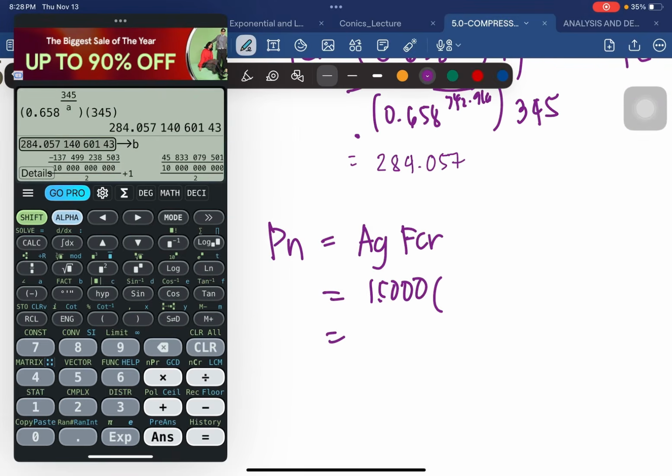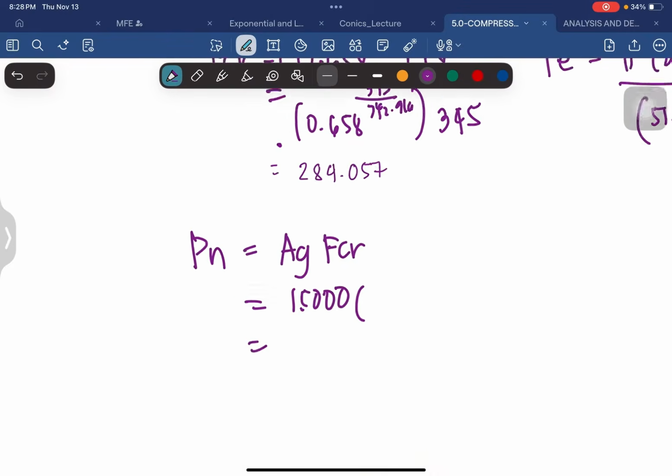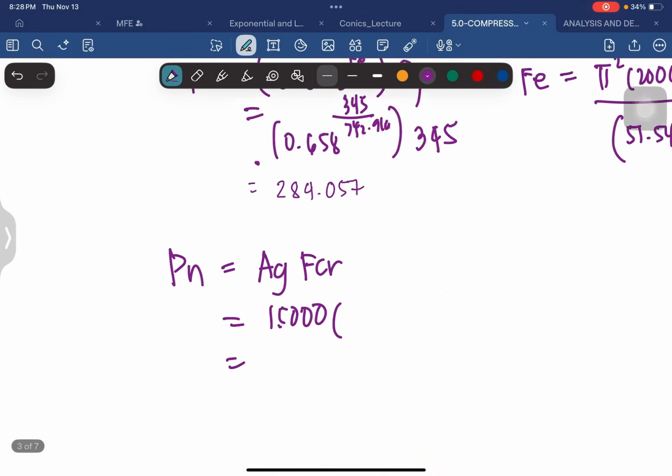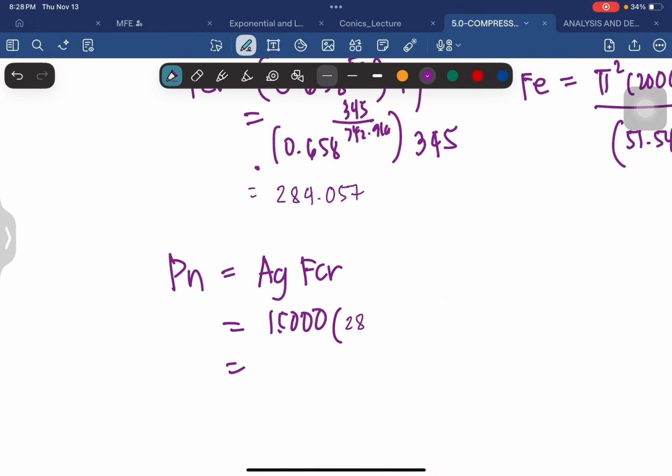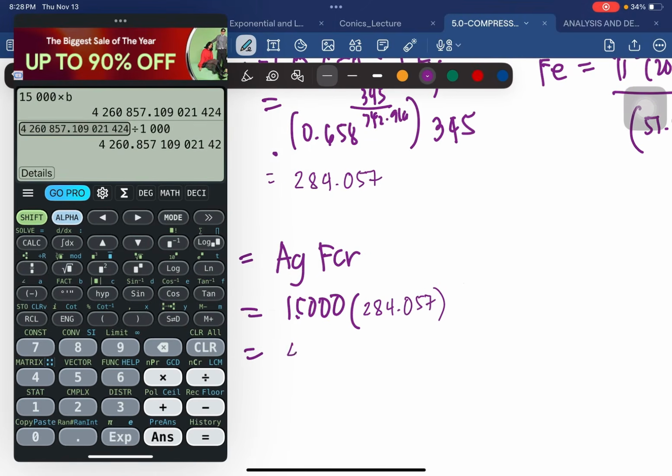Then to get the actual load, Pn is equal to Ag times Fcr. The given gross area is 15,800. Then from our previous solution, we get Fcr 284.057. So 15,800 times Fcr, then divide it by 1,000, so equals 4,260.857 kilonewton.